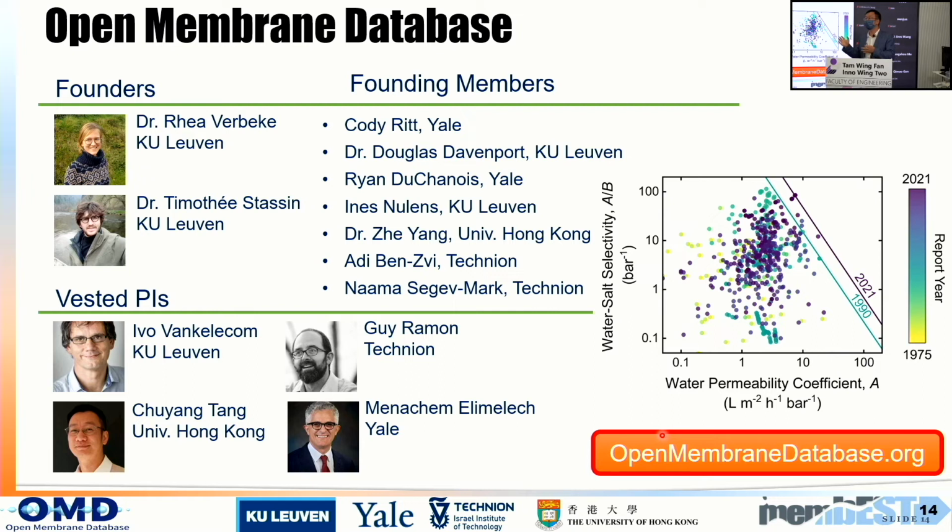Everyone can enter their data into our database, and everyone can retrieve data from our database. In future, we hope that this database will allow machine learning and artificial intelligence to find out what will be the optimum material and optimum structure for making membranes.